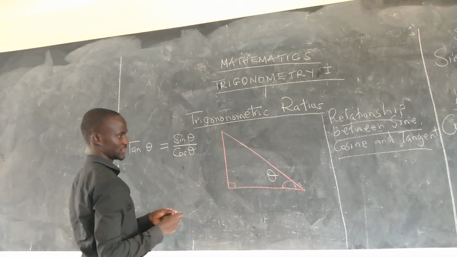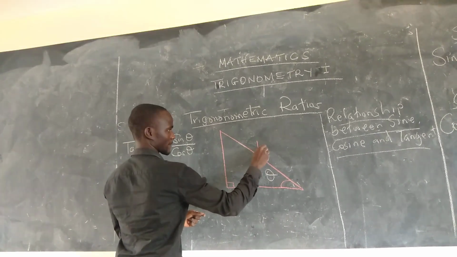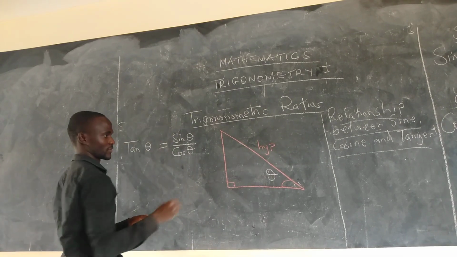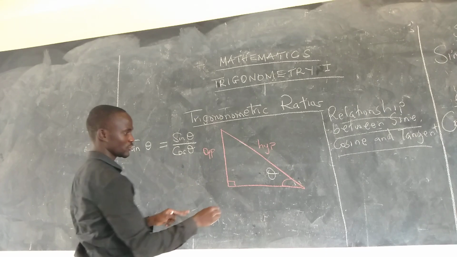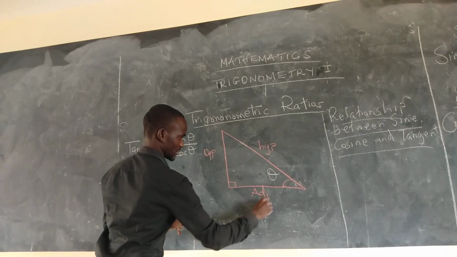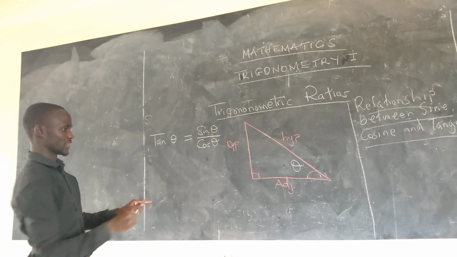Then let's say we have this as the hypotenuse, this as the opposite of this angle, and then the adjacent of that particular angle.